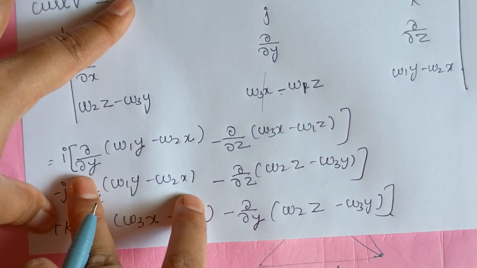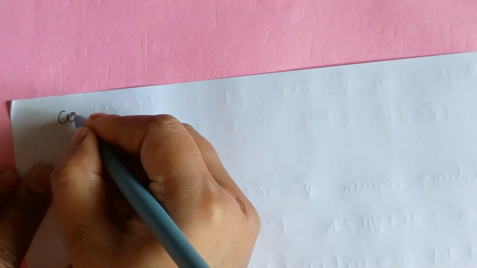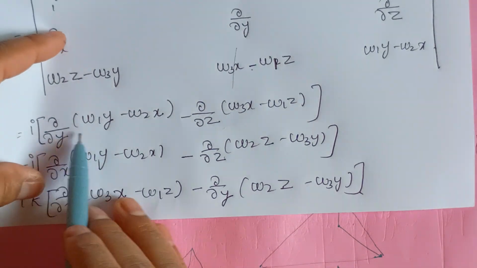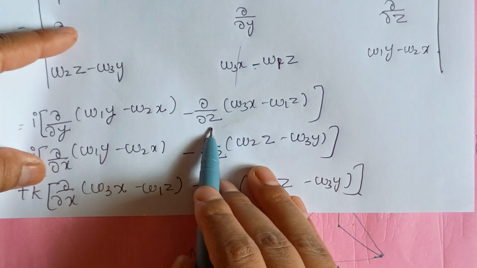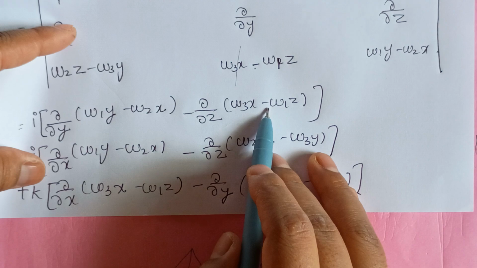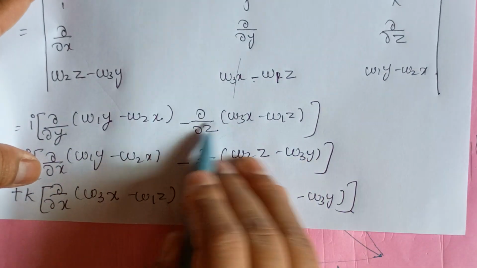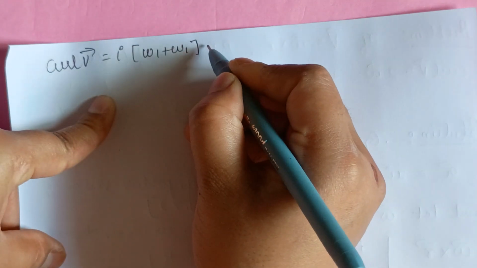Here I have to differentiate with respect to y. Differentiating with respect to y, I get w1, and differentiating with respect to z, minus into minus gives plus w1. So i times w1 plus w1.